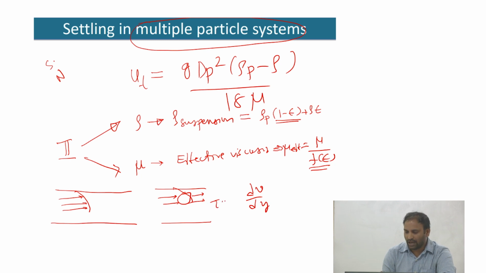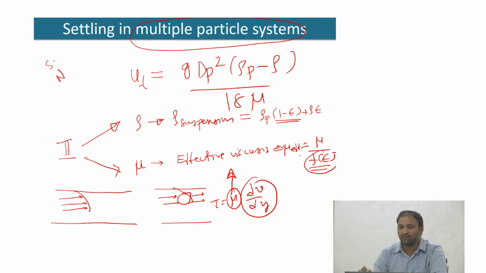And if you have tau equals mu times dv by dy, the fact that the average velocity gradient goes down when you have the particle means that for compensating that, your viscosity has to go up. This is one way of thinking about why the viscosity of the fluid increases if you have particles in the system. Therefore your f of epsilon is a function which is less than 1. You would have to come up with a way of working around it, right?